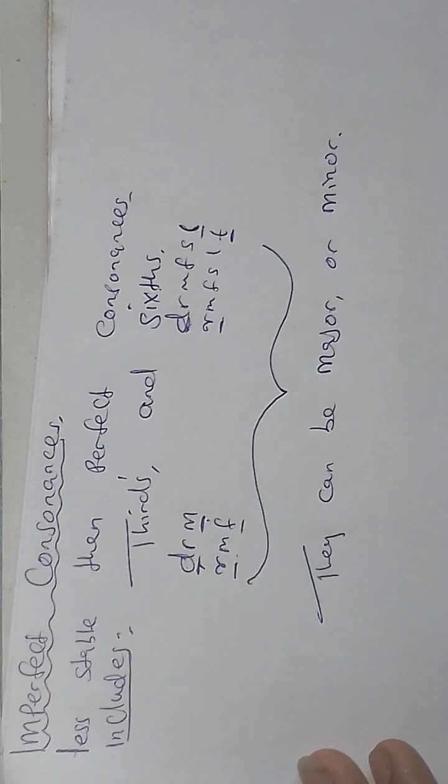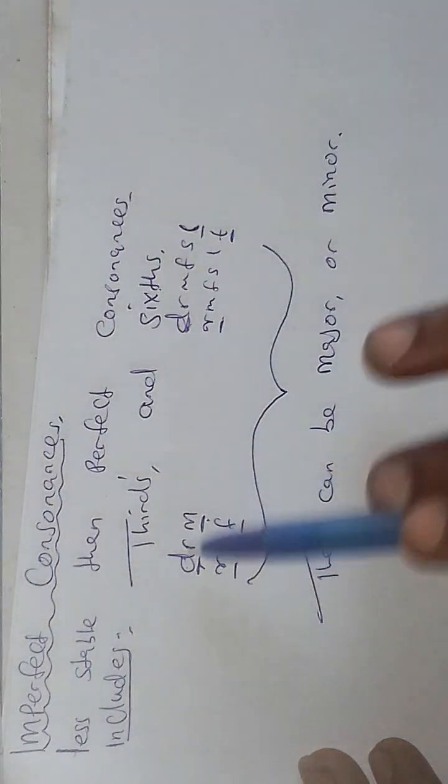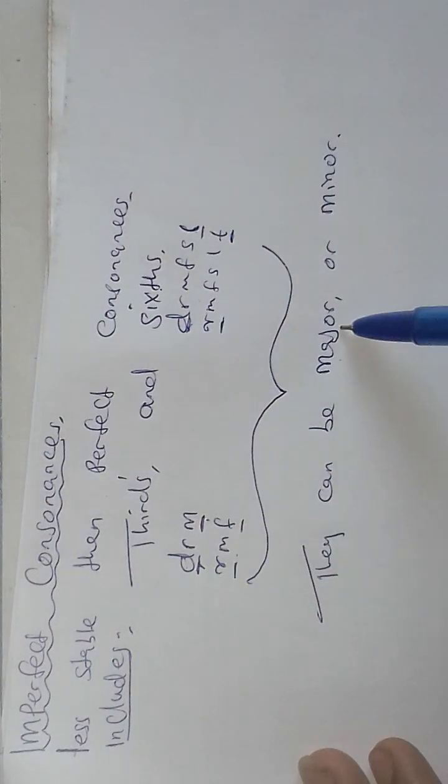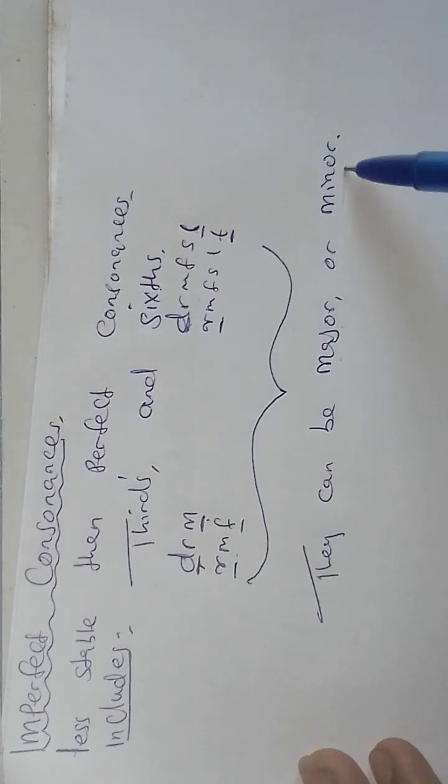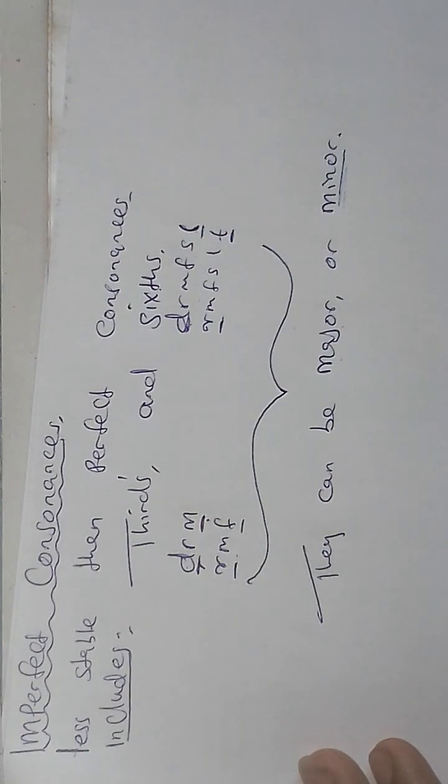We have talked about consonances. Let's now come to the other classification of intervals, dissonances. These intervals include all the seconds and sevenths.